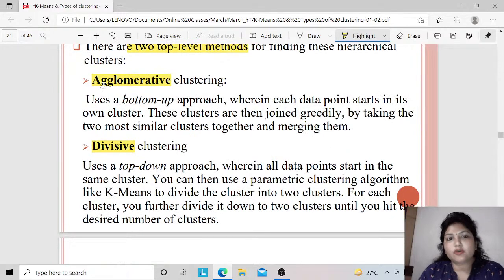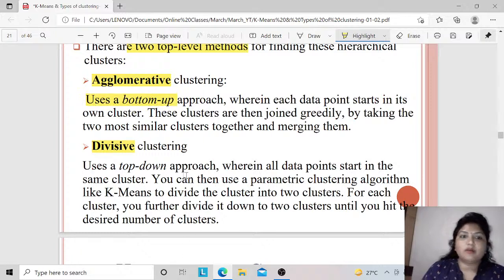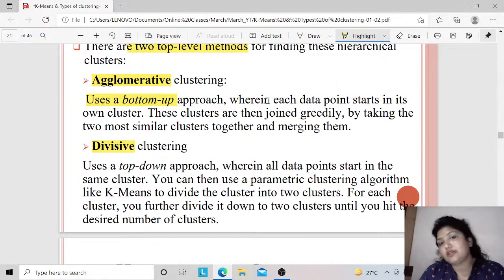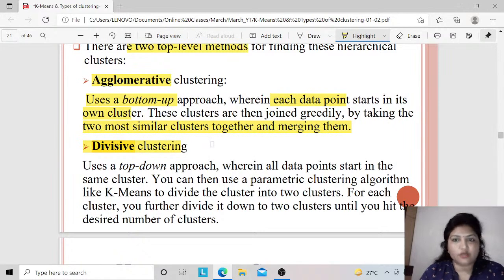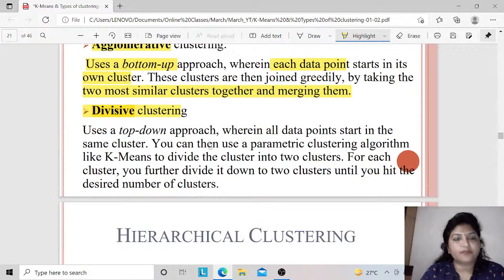Agglomerative clustering uses the bottom up approach, wherein each data point starts in its own cluster, and these clusters are then joined greedily by taking the two most similar clusters and merging those data points into that particular cluster, right?